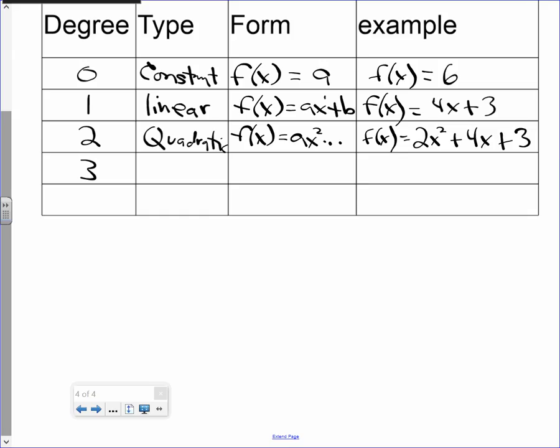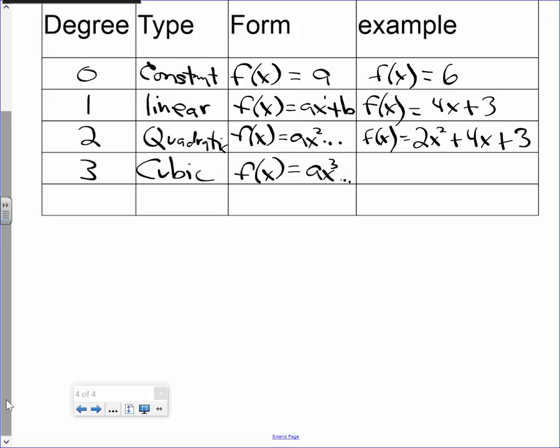3. If something's raised to the third power, we say it's not something squared, but something, what's the word? Cubed. So the third power, or degree 3, would be a cubic function. Cubic. f of x equals ax to the third dot dot dot.